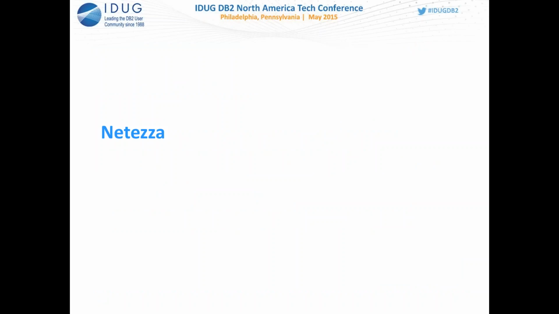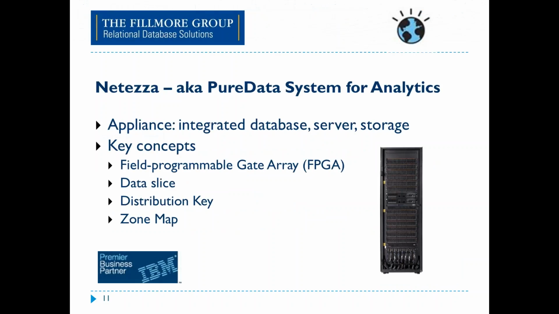So one is Netezza. IBM purchased the Netezza product several years ago. Netezza took a radically different approach to scanning large amounts of data. Netezza is also known as PureData System for Analytics. It is an appliance. You buy integrated hardware, CPU, memory, all come in a server in a box that you wheel in, plug into your network, and start using relatively quickly.